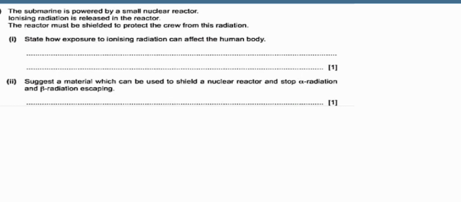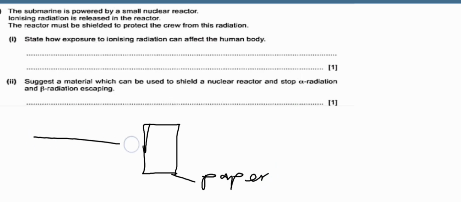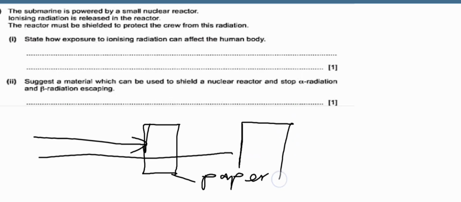So alpha radiation can be stopped by a sheet of paper or a plastic. So this one here is a paper, which means the alpha particle can be stopped by a sheet of paper. But beta radiation can penetrate through the paper and can be stopped by a sheet of aluminium. So this one is going to be the aluminium.